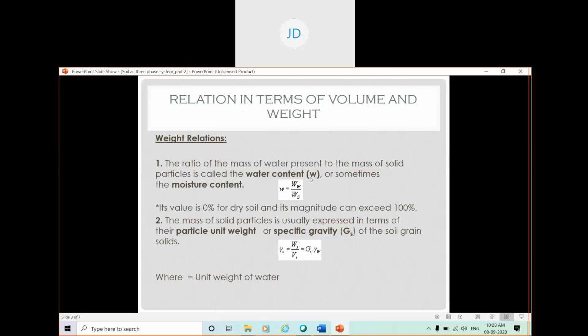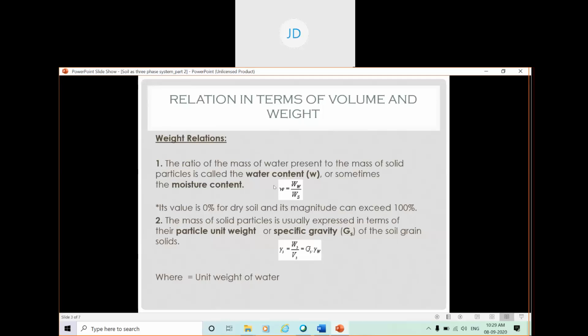So what is water content? Water content or moisture content is defined as the ratio of the weight of water to the weight of solid present in a given mass of soil.